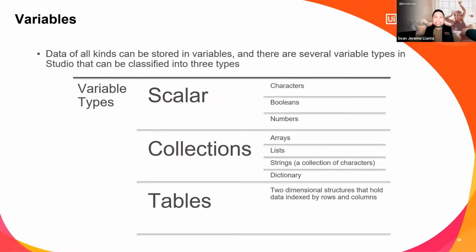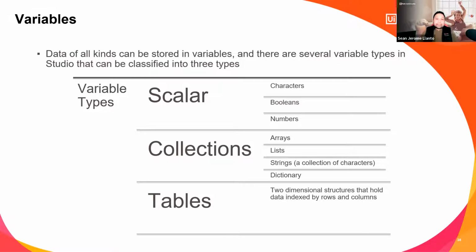And when we talk about data manipulation, it's not very hard to correlate it to variables, in the sense that you may have data that is in the form of a table, but you would need maybe a certain scalar value, which is a string or a number. So you would need to manipulate that data so that you'll be able to get the certain outcome. And of course, it will always depend on what the need is, but you have these various variable types available to you in UiPath.